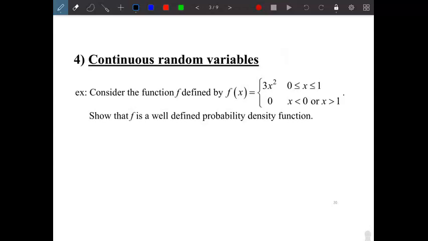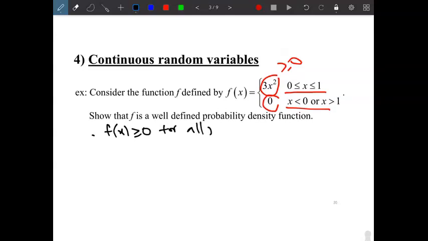Between 0 and 1, f of x is 3x squared, which is greater or equal to 0. And elsewhere, it is 0. So there are no values of x for which f of x is negative. So the first condition is satisfied: f of x is greater or equal to 0 for all x in R.